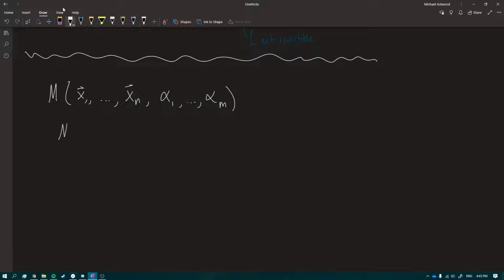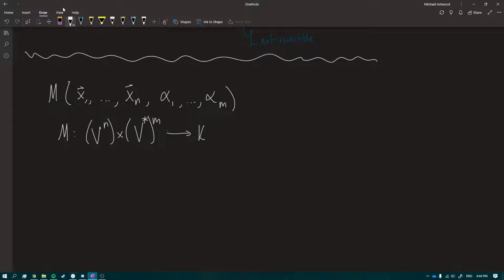So M is a map from V to the n, Cartesian product with V star to the m. Let me fix this. And it will return a real number, or of course a general element of the field underlying the vector space.